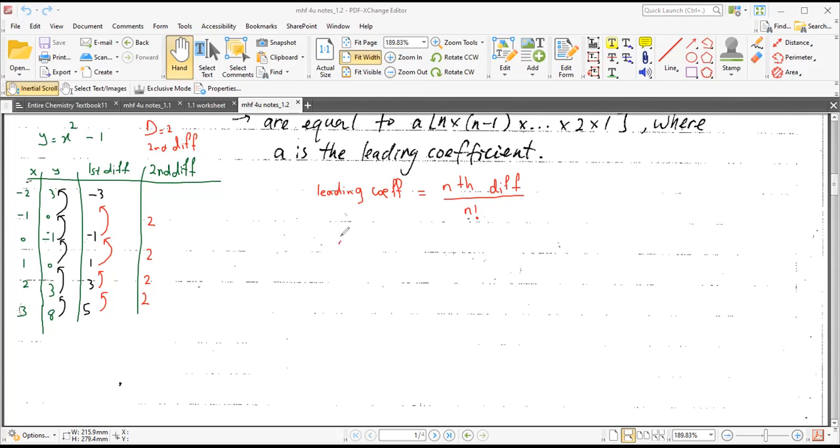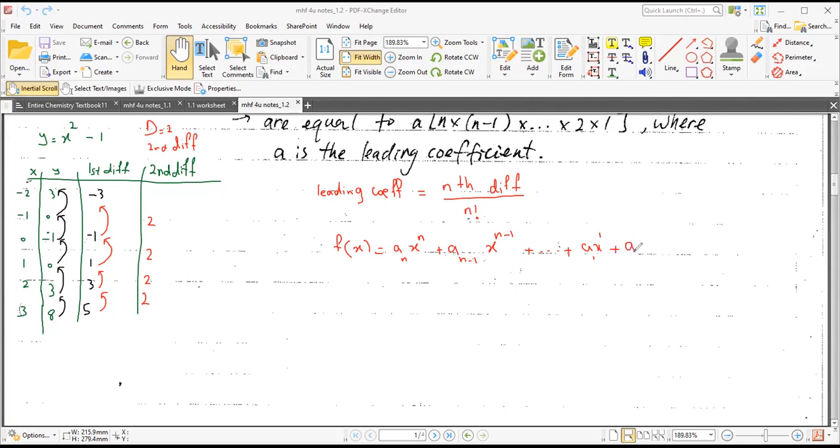Now, the general form for any polynomial, as we did before, is a_n x power n plus a_(n-1) x power n minus 1, plus and so on, the last terms being a_1 x plus a_0.